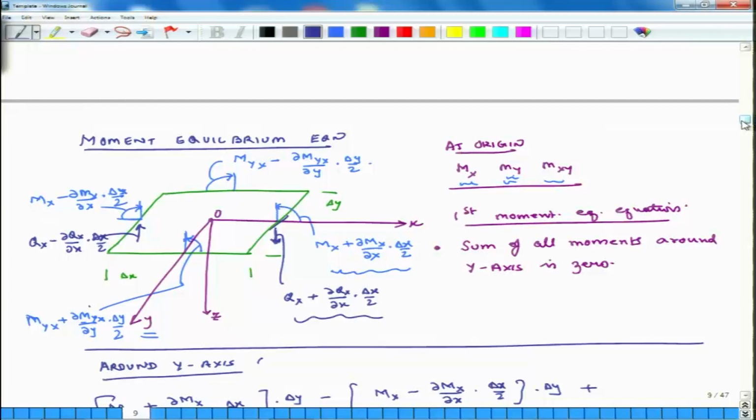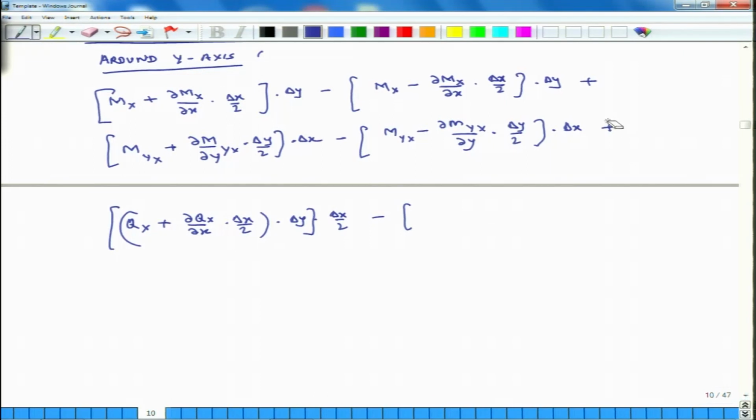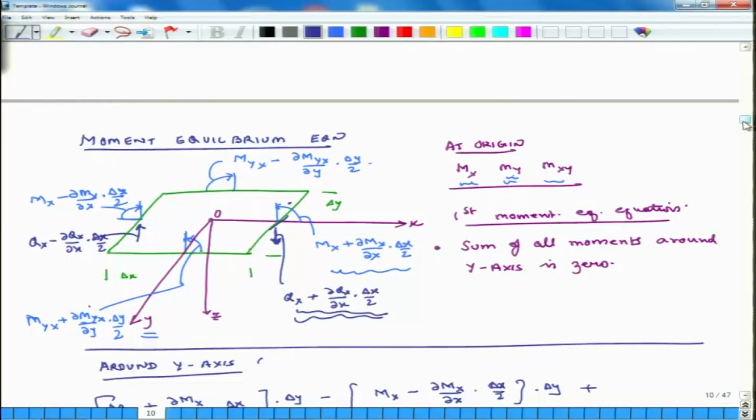Now just consider this carefully. This force resultant is acting downwards, so the moment it will create will be opposite of this one. So, I have to put a negative sign here. We have to be careful about the signs. Then the next thing we will do is, this force is acting upwards, so it will aid it.